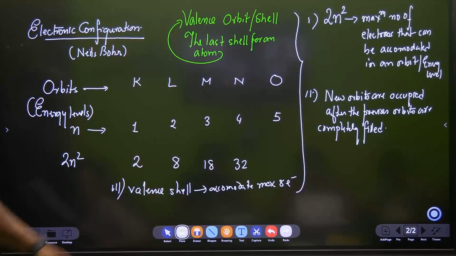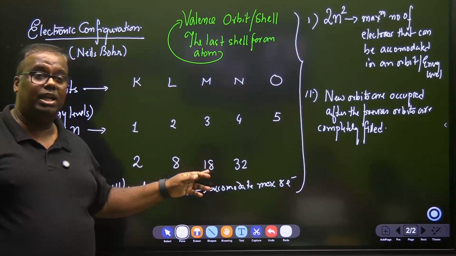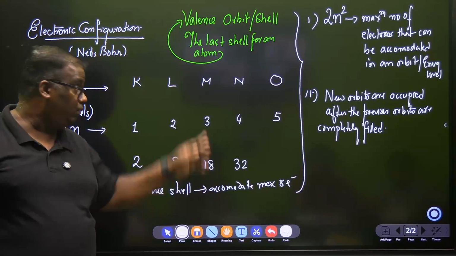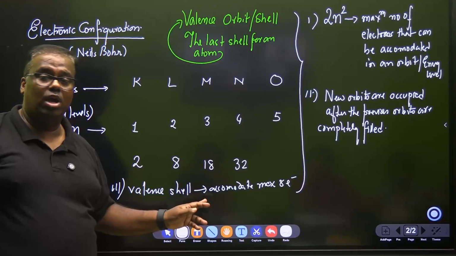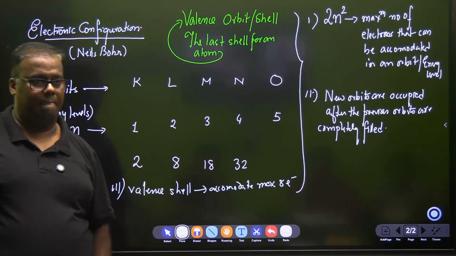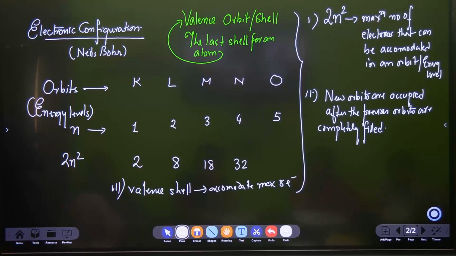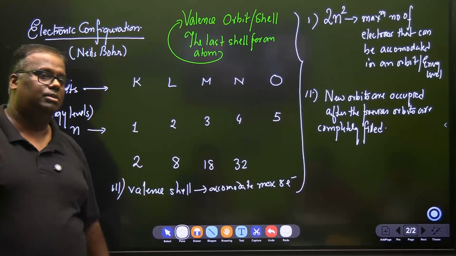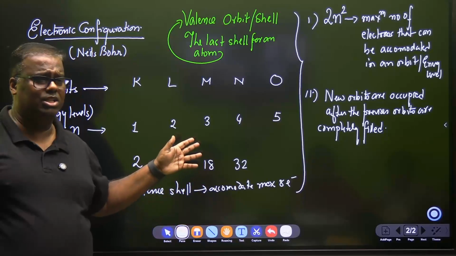Though this shell can take 18 electrons, if it is the last shell, you can't fill 18 in it. Only 8, not more than that.